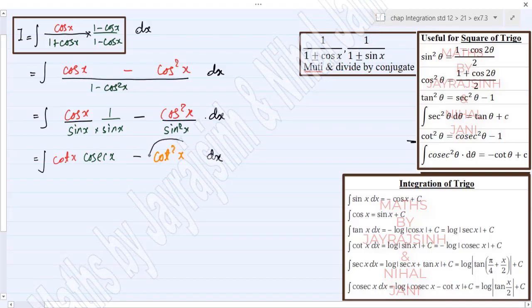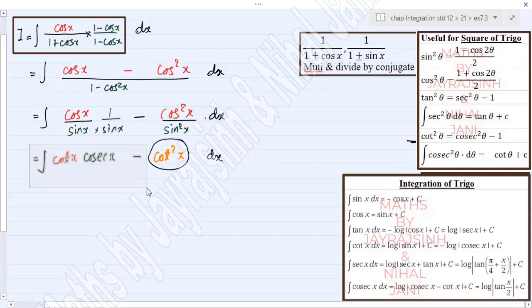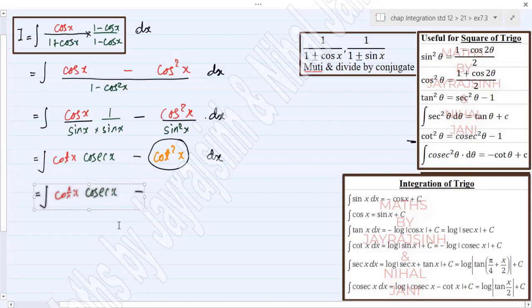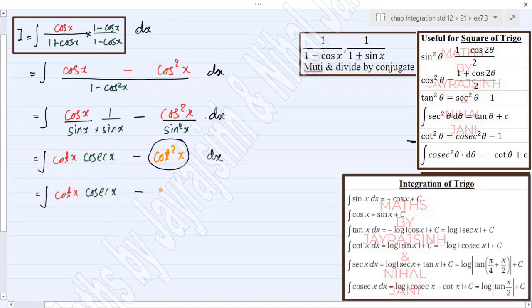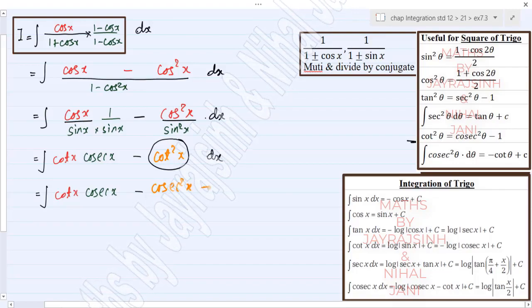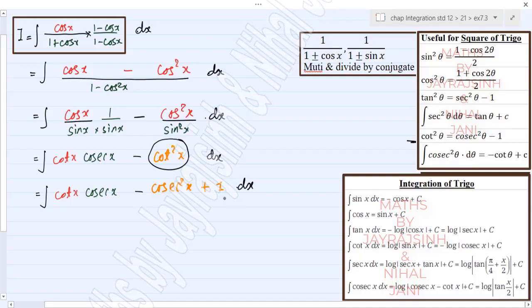Now for integration we have to simplify this cot square x. So we can say our first term is as it is, and instead of cot square x we can write cosec square x minus 1, with this minus minus will become plus. So we are ready to integrate.